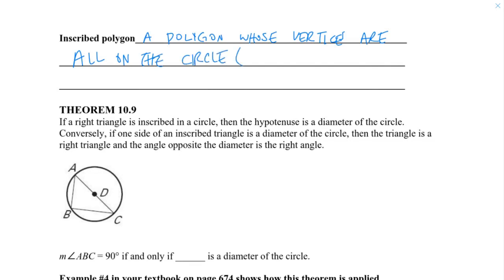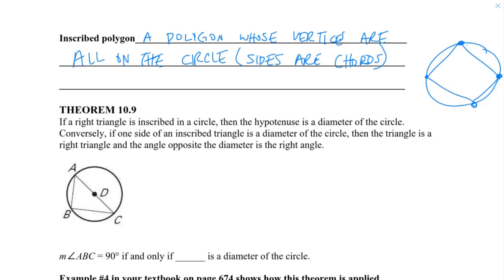And if all of the vertices are on the circle, we know that all of the sides are going to be chords. So an example of this, if I have a circle here, let's go with the quadrilateral. I can have points that are all on the circle here, and we see that all of those sides would then be chords of that circle. They're all connecting points that are on the circle.